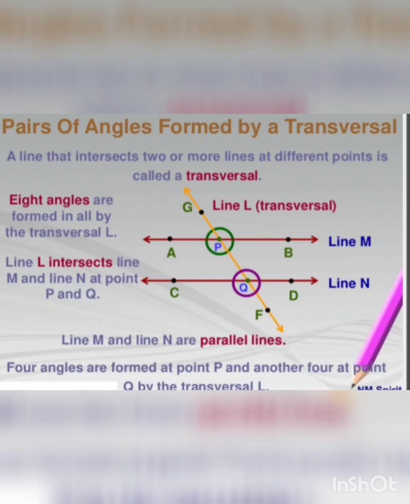And here 8 angles are formed in all by the transversal L. Line L intersects the lines M and N at points P and Q. So at point P there are 4 angles formed, and at point Q there are 4 angles formed. So here completely 8 angles are formed.